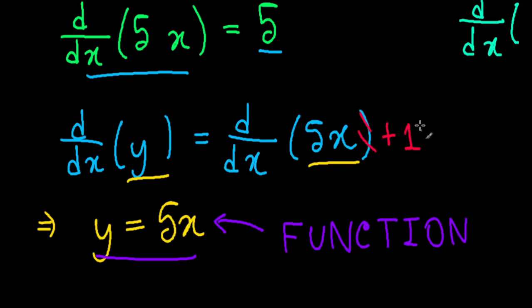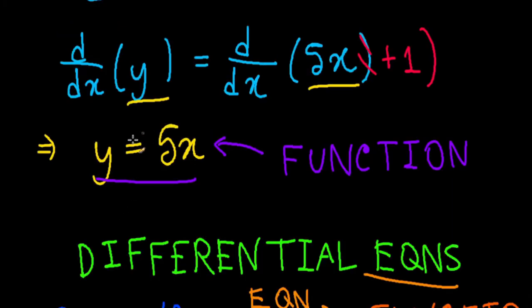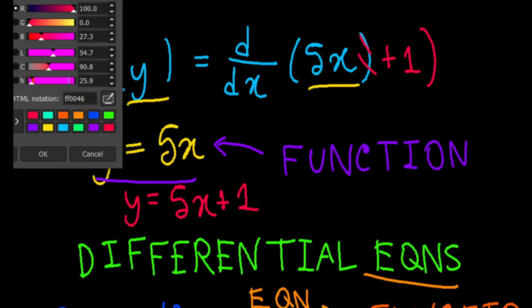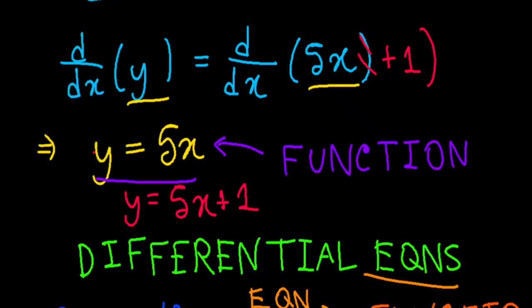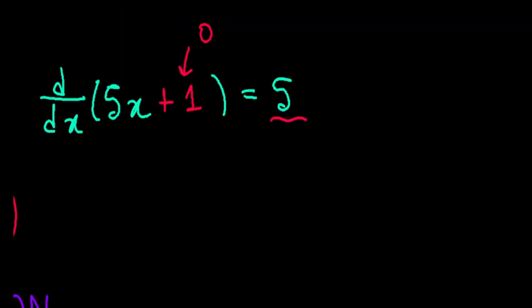By the same argument we made a while ago, it's just as valid to say that y could be 5x plus 1. And if that argument is valid, then why not plus 2, minus 100, plus 9999? Why not all of those constants?